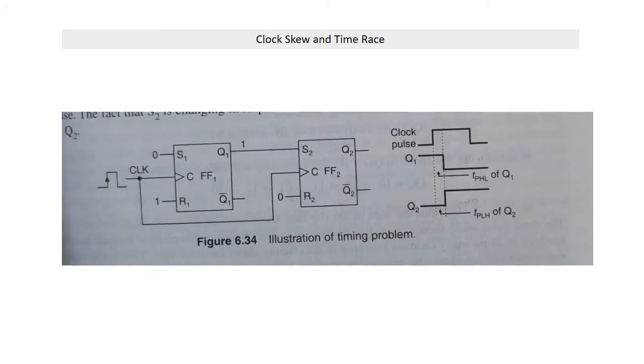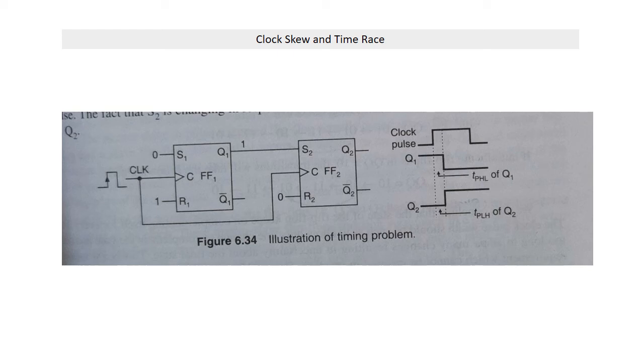One of the most common timing problems in synchronous circuits is clock skew. In many digital circuits, the output of one flip-flop is connected to other logic gates or directly to another flip-flop, and both flip-flops are triggered by the same clock signal.